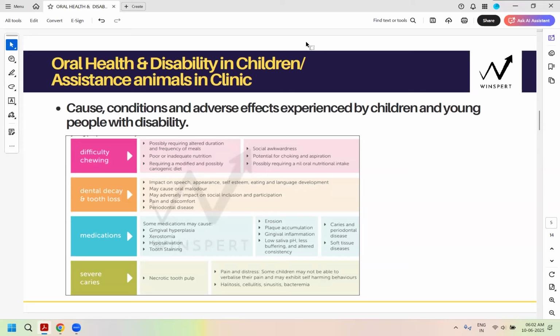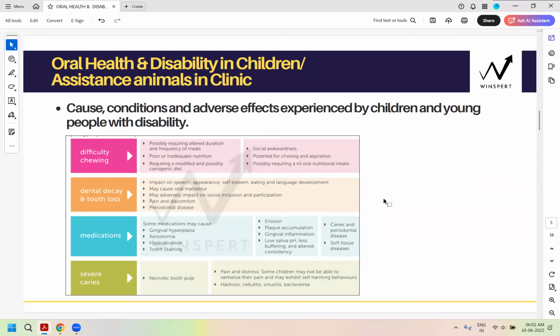Okay, so now the chief complaint feeds your diagnosis and management planning cluster. Such patients can present with a variety of chief complaints. So how are you going to address it, how are you going to focus first, and then know what could be the etiology? Etiology questions are repeatedly asked in the exam. So one of the challenges could be that these patients come with a chief complaint of difficulty in chewing, right?